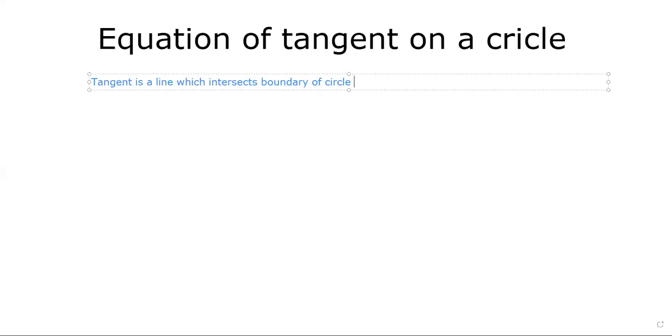Boundary of circle, circumference, only at one point, and makes a 90-degree angle with the radius of the circle.